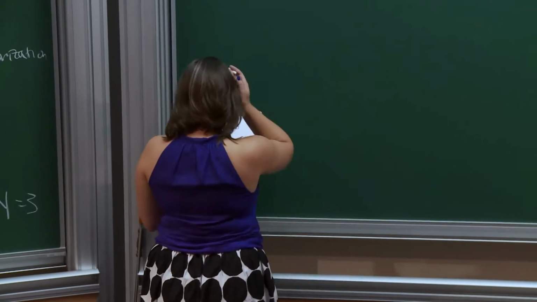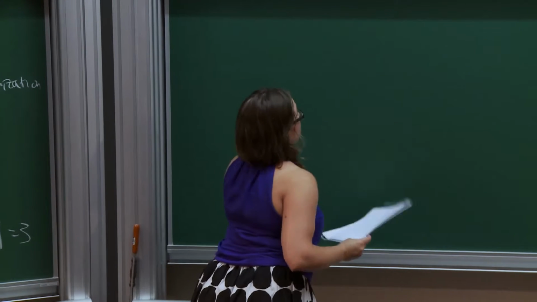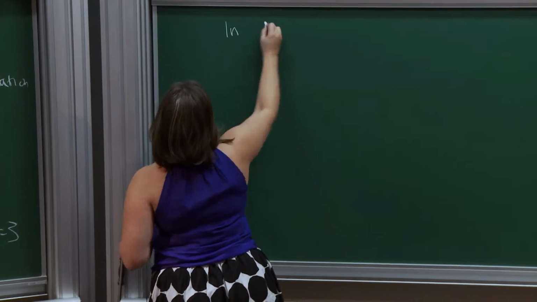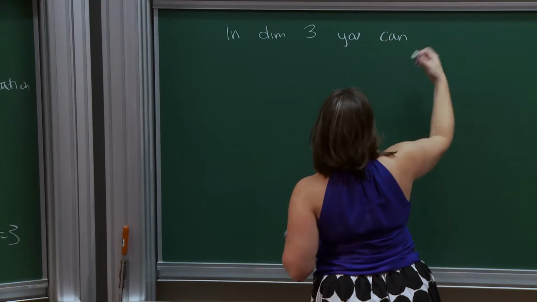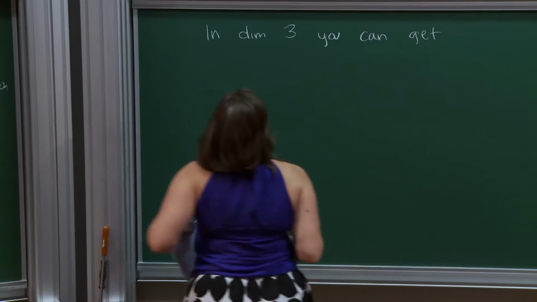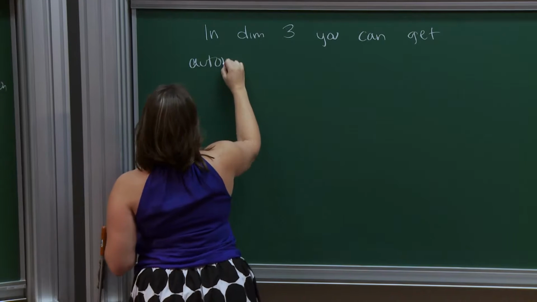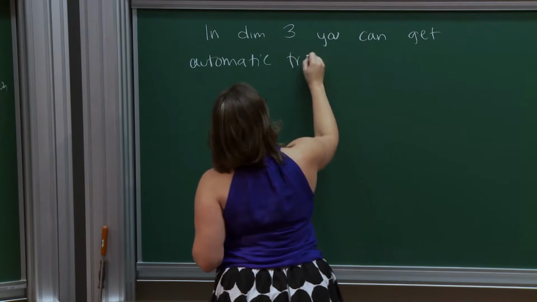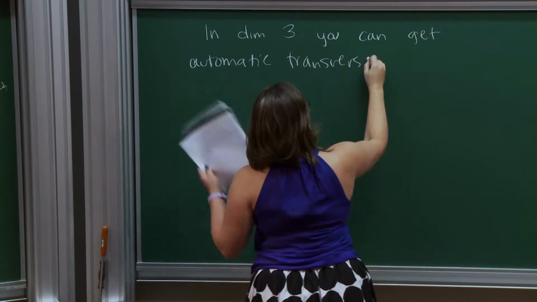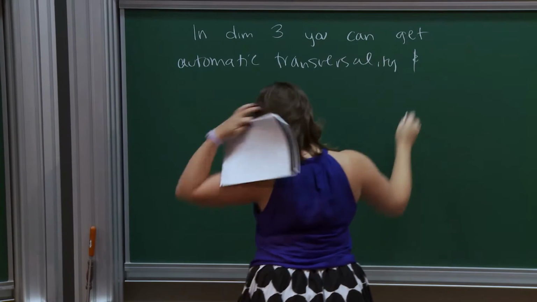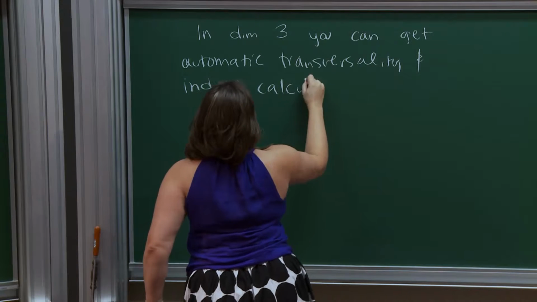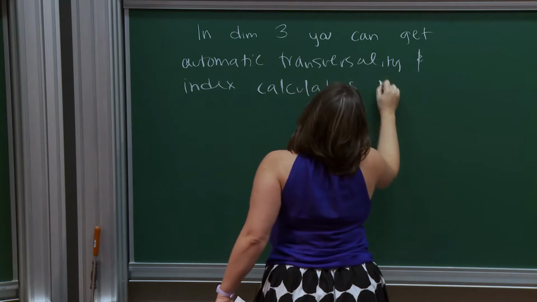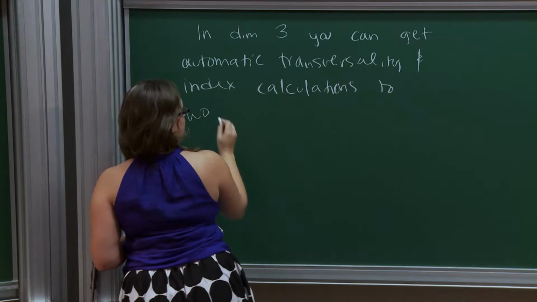Okay, so let me see. Okay, so it turns out that in dimension 3 you can get automatic transversality and index calculations to work favorably.